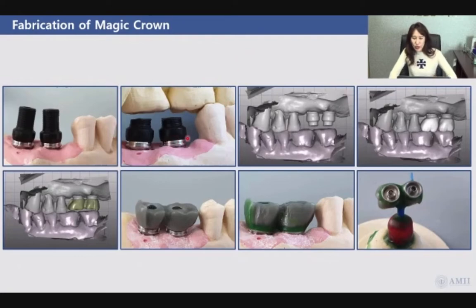At this point in the laboratory, they can do the conventional wax up on it. But in this particular case, the lab decided to use a CAD/CAM program to have a milled wax up.